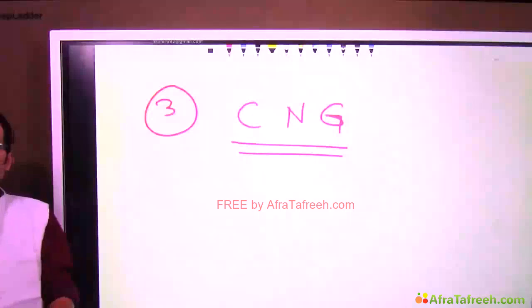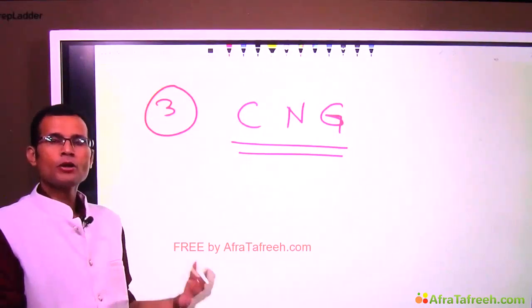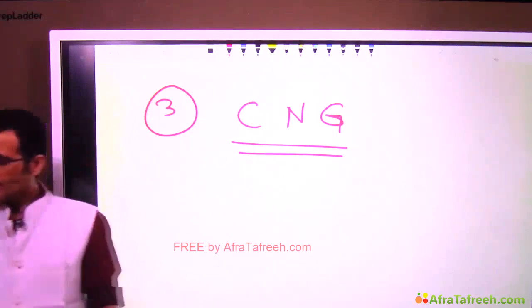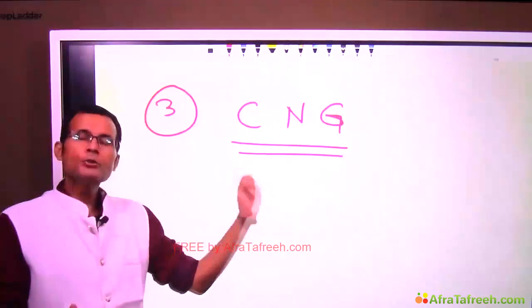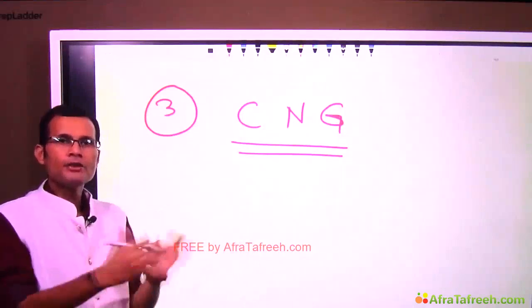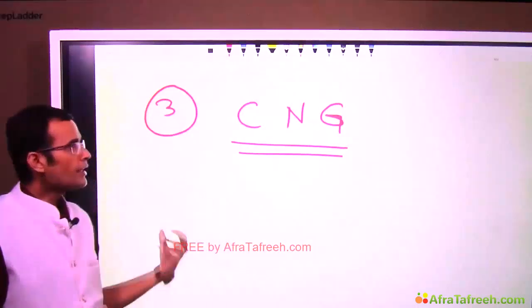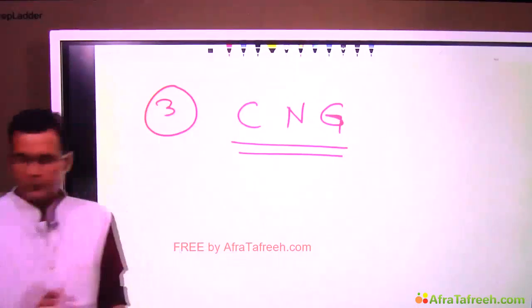Then what is this CNG? The muscarinic acetylcholine receptor or GABA subtype B. It's cyclic nucleotide gated. Cyclic nucleotide means cyclic AMP, cyclic GMP. So these are cyclic AMP gated channels or cyclic GMP gated channels.